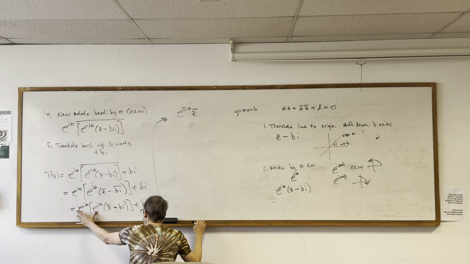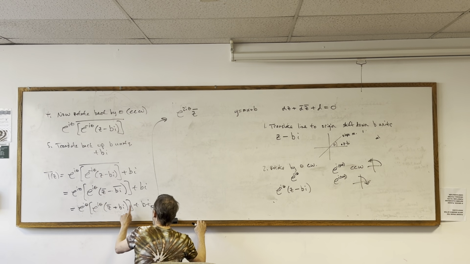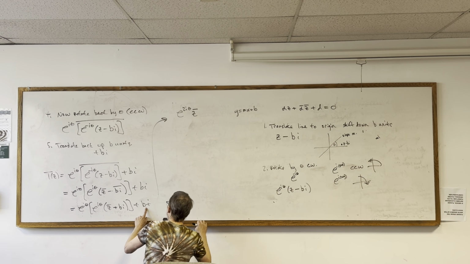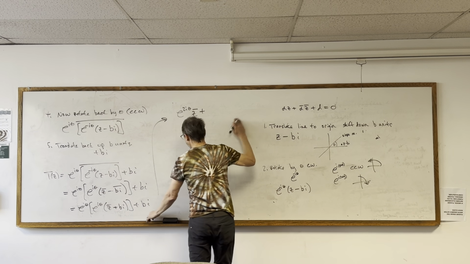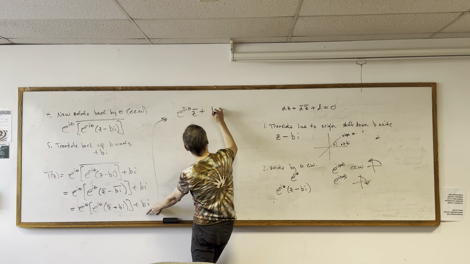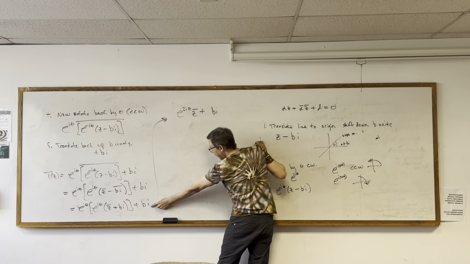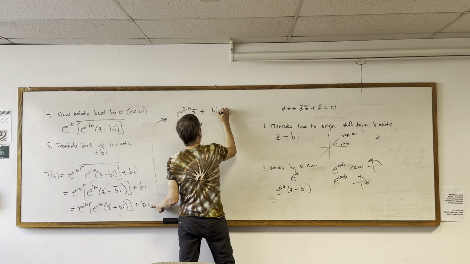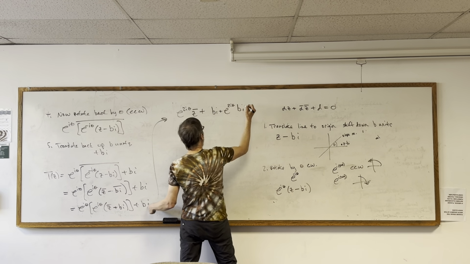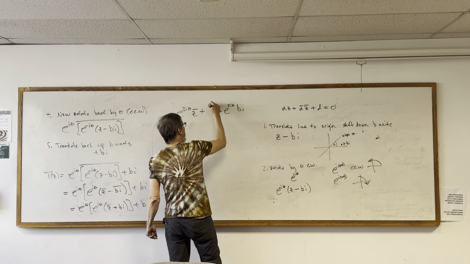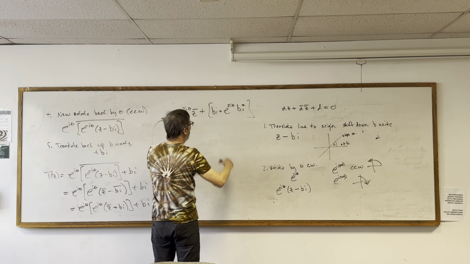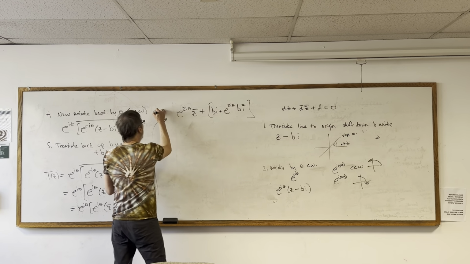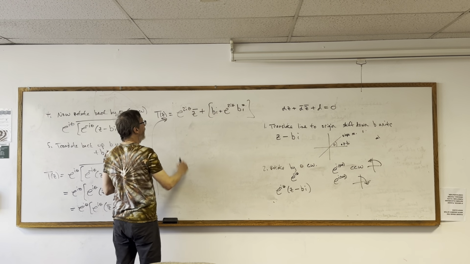But then I have these two times this as well, plus this out here. So my constant term is going to be the original bi that's here, plus e to the 2i theta bi, and that's all my constant stuff. You could pull the bi out if you wanted, but we've got a good form right now.